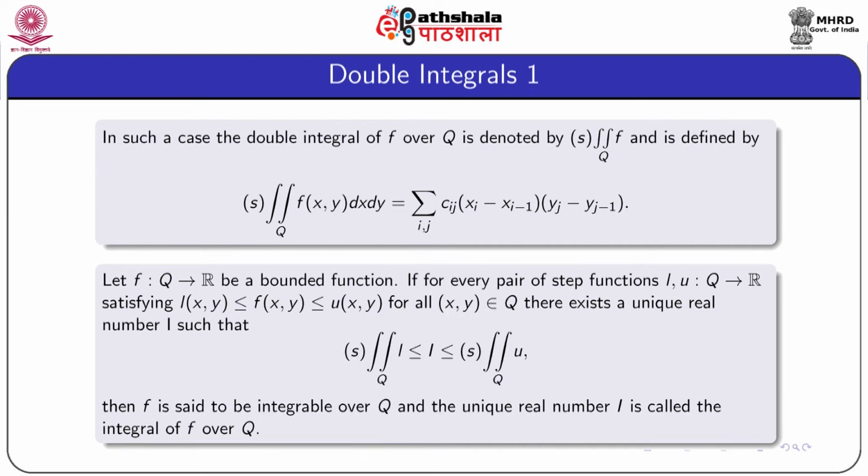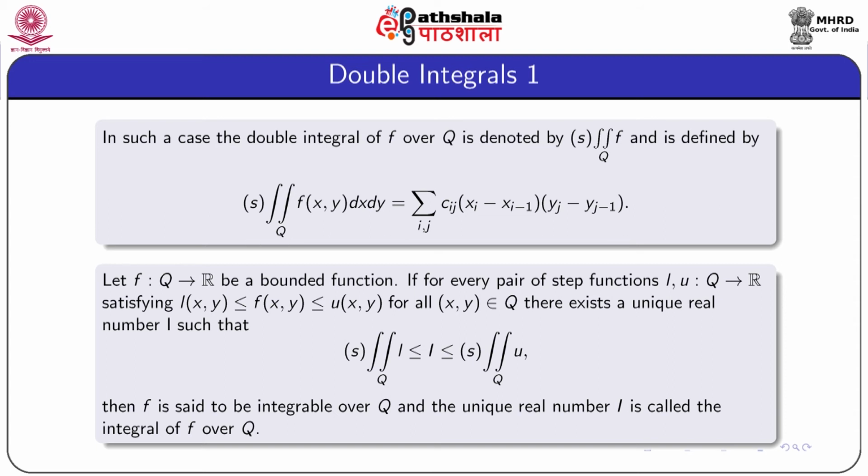In such a case, the double integral of f over Q is denoted by step double integral of f and is defined by the step function integral of f(x,y) dx dy over Q as the summation over ij of Cij times (xi minus xi minus 1)(yj minus yj minus 1).